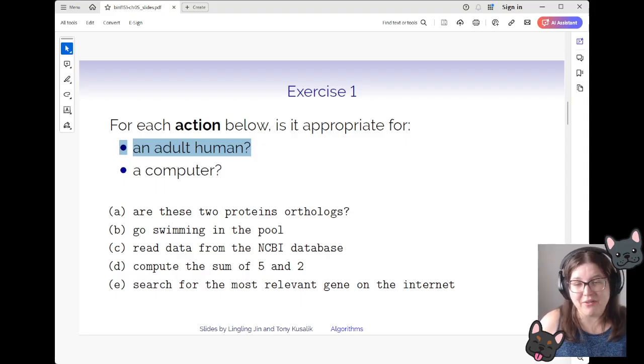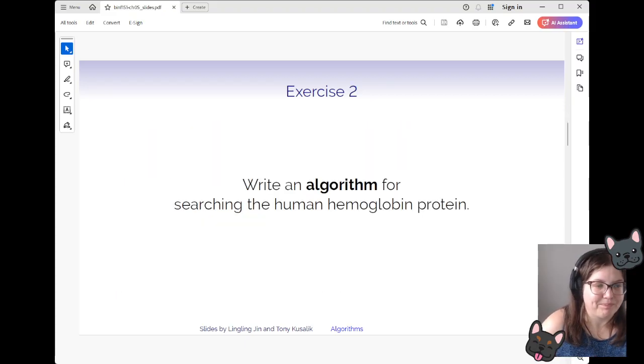Unless we have some definition of that, it's not appropriate for an adult human or a computer, because how would we actually figure that out? If we had more instructions, sure, maybe we could make the argument that it is feasible, because it is self-explanatory. We've narrowed down that scope a bit, but as it currently stands, not really appropriate for either.